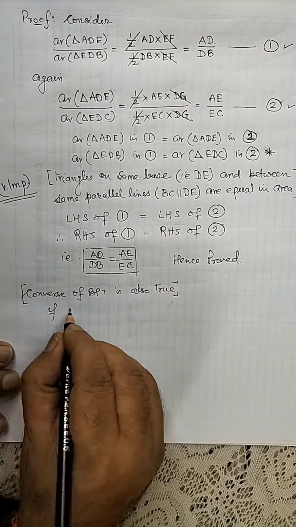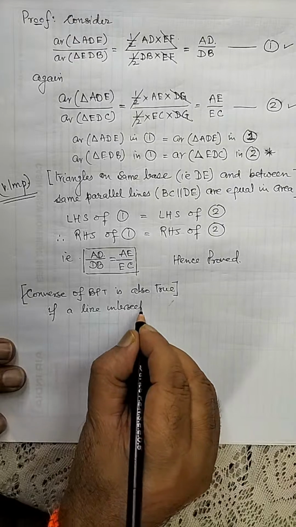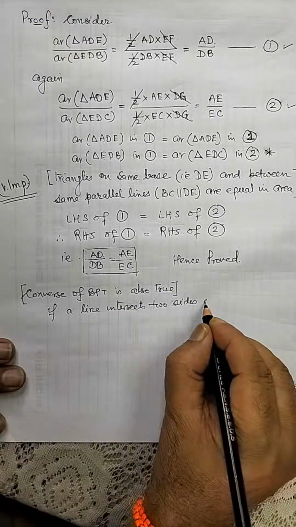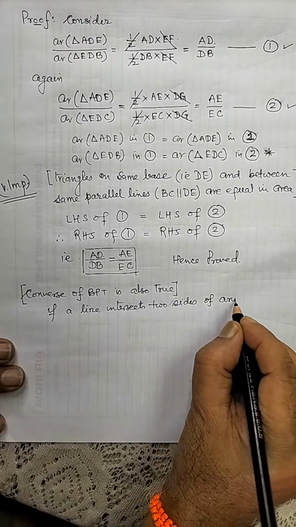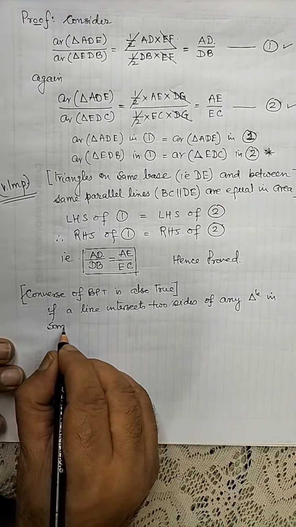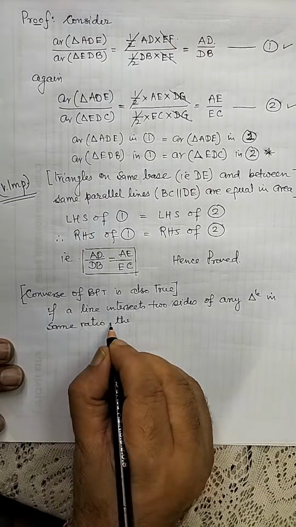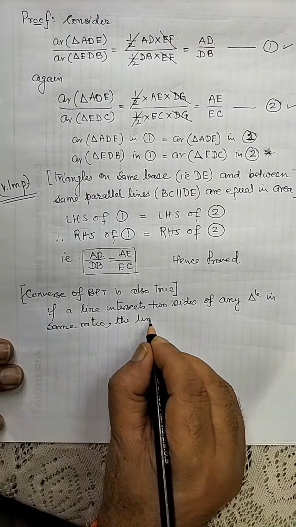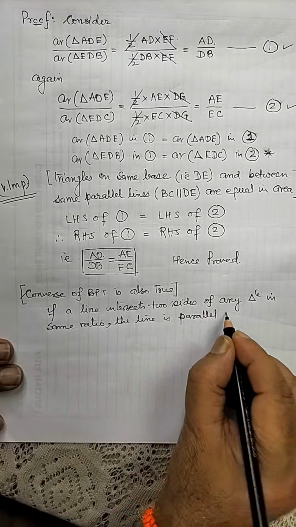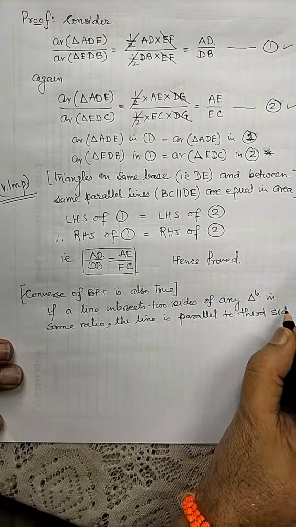If a line intersects two sides of any triangle in the same ratio, the line is parallel to the third side of the triangle.